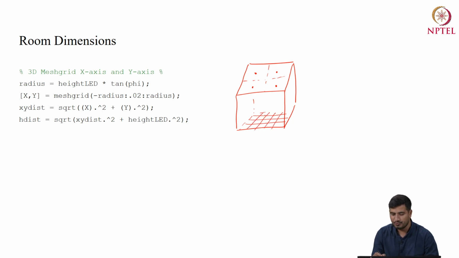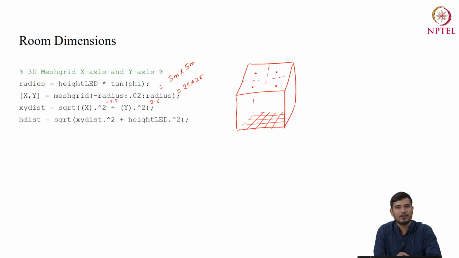To give this in mathematical format, you need to generate a mesh grid, of size minus radius to radius, with a resolution. As in the example I gave, we can divide the room into 25 cross 25 subgrids. This is the resolution, and this radius value is nothing but minus 2.5 to 2.5 for a standard room size of 5 meter cross 5 meter of receiver floor.